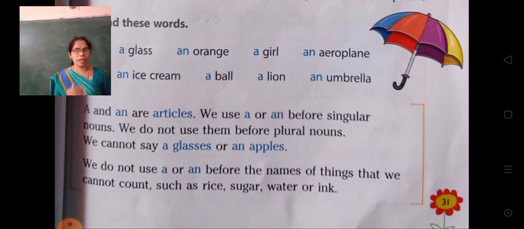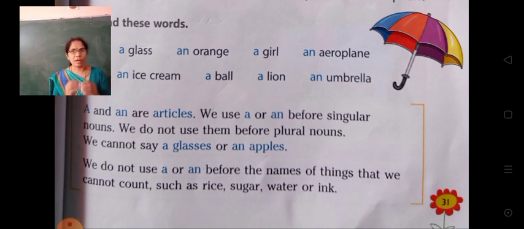We know that a and an are articles already. We have learned that a and an are articles. And see the rules again, the rules which I have told earlier. Listen one more time. We use a or an before singular nouns.